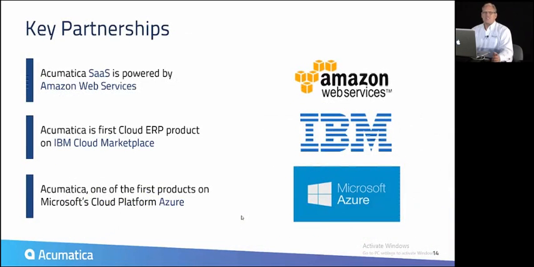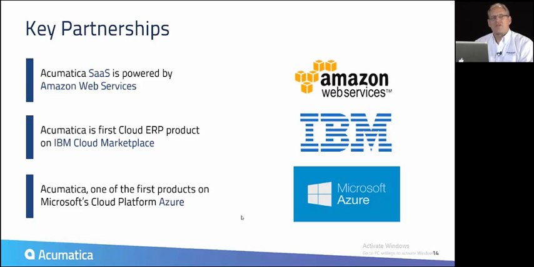So then, what are some of the other things to be aware of with Acumatica? Well, because Acumatica is focused on delivering the best of the technology that's available, we've also got a number of key partnerships. The Acumatica public cloud, our software as a service delivery, is all facilitated and powered through Amazon Web Services. And Amazon, as you're probably aware, is the biggest provider of cloud services in the world.